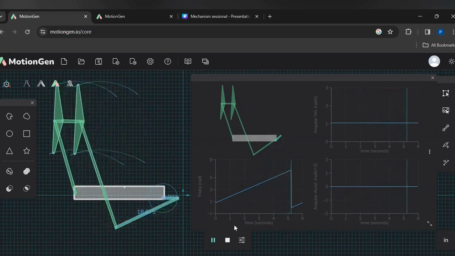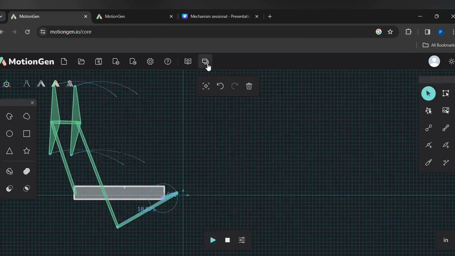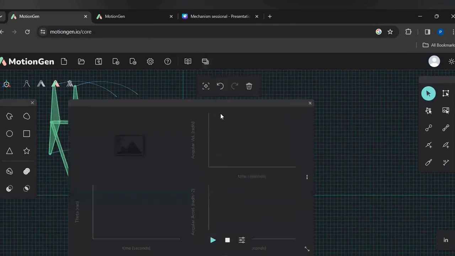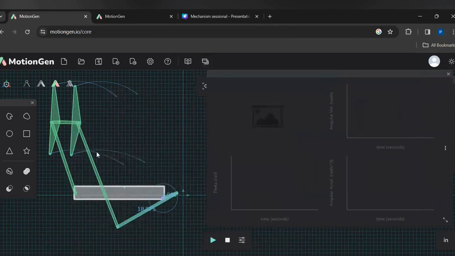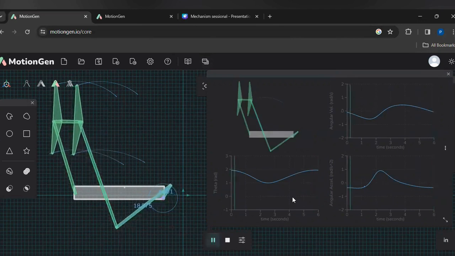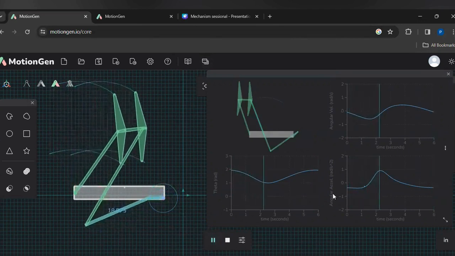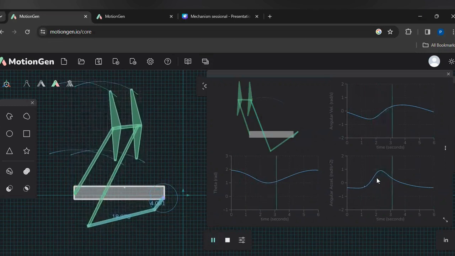Now we will see the analysis of our output link. So this is our output link. Here angular acceleration is not 0.